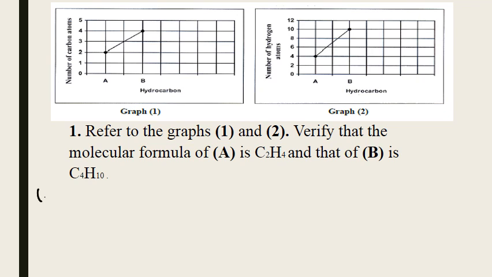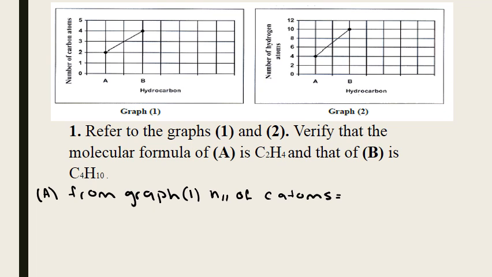So for A, from graph 1, the number of carbon atoms equals, so we look at A, the number of carbon atoms is 2.